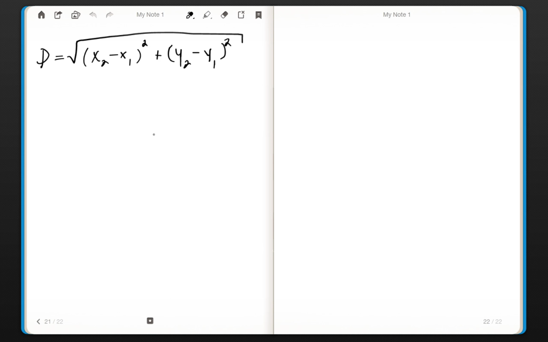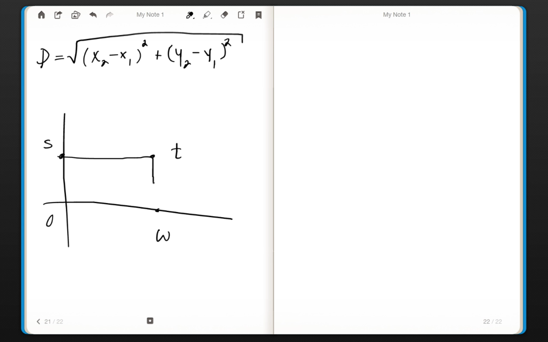So number 7 is, what are the coordinates of the vertices of each figure? S, T, O, and W. And it says a rectangle with base B and height H. Base B and height equal to H. Now they're doing it all symbolically, right?